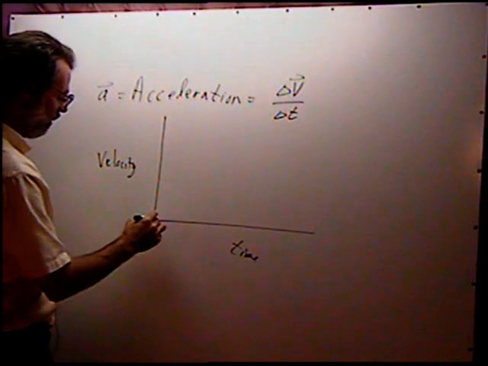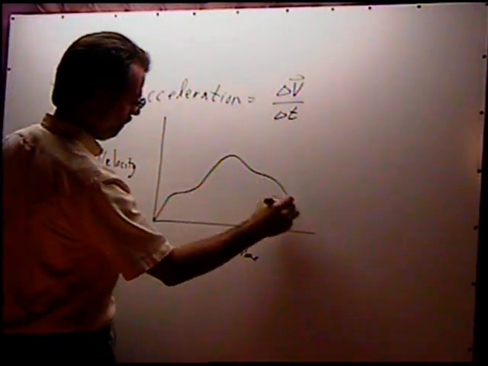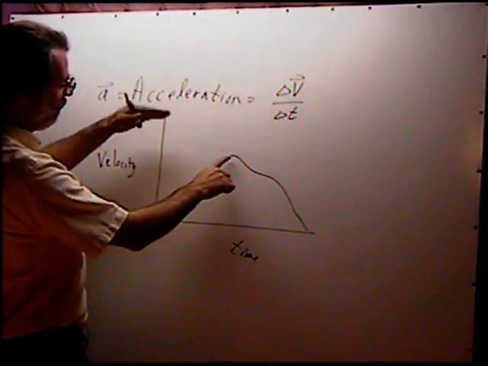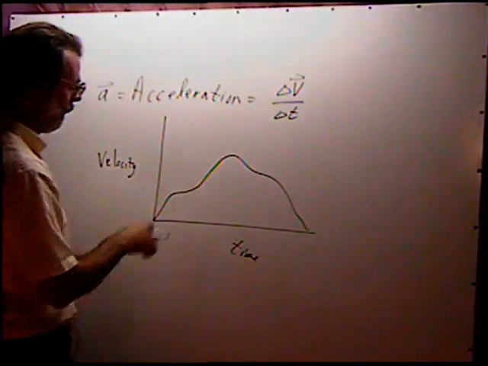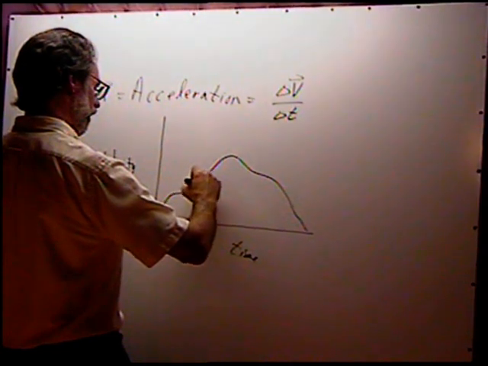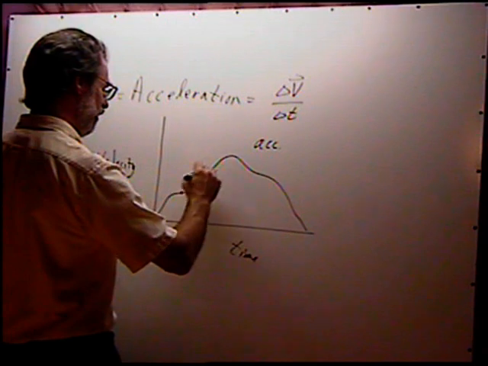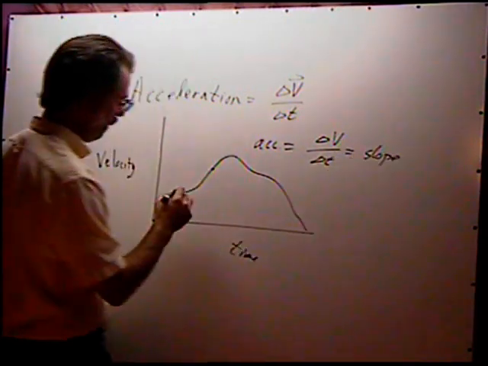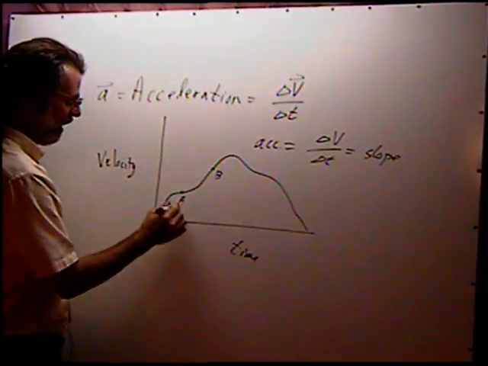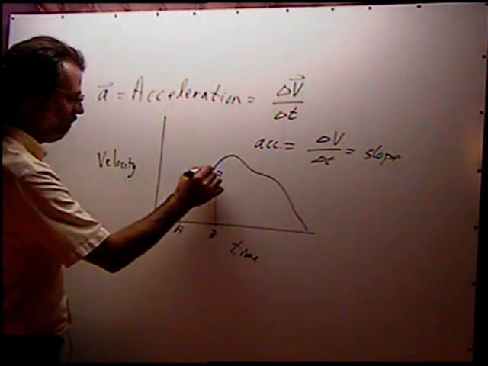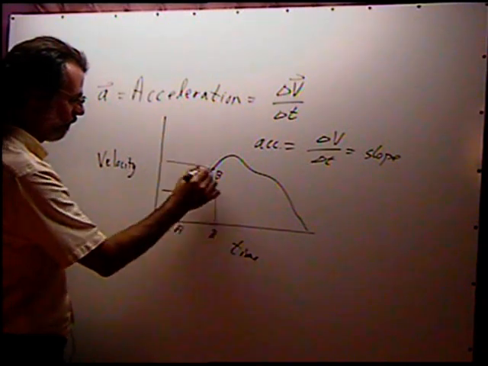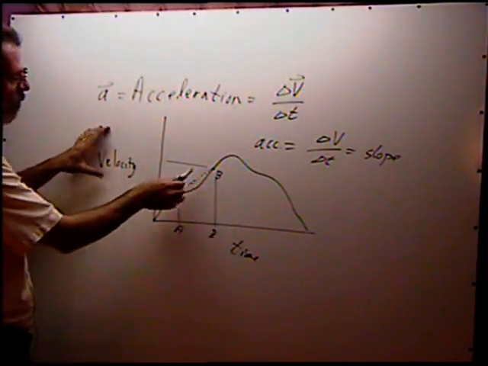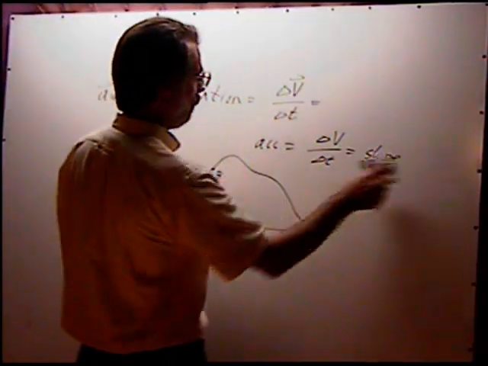If we have a velocity plot where velocity goes up with time, it peaks, and then we change directions and start coming back down, the average acceleration between points A and B in time is the change in velocity over change in time, which is the slope between points A and B. It's the same thing as displacement in time, but if we plot velocity versus time, the slope now becomes acceleration.